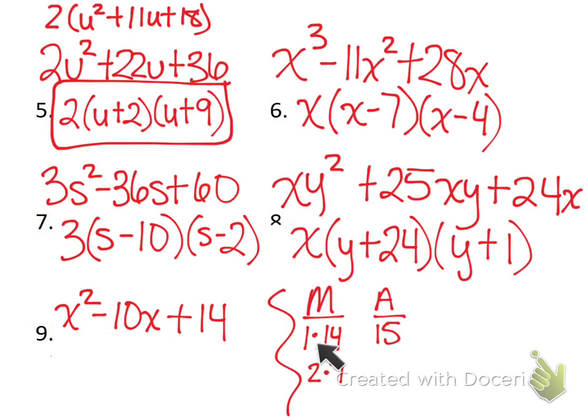So if I add them, I get 15. If I add 2 and 7, I get 9. Are either of these going to work? No. If you come across a polynomial that will not factor, we call it prime.